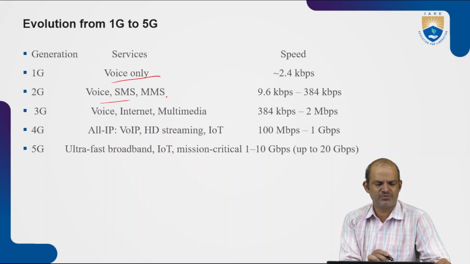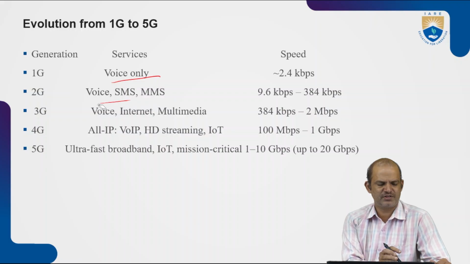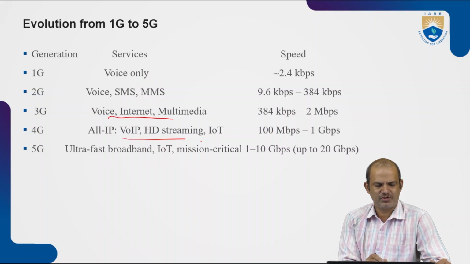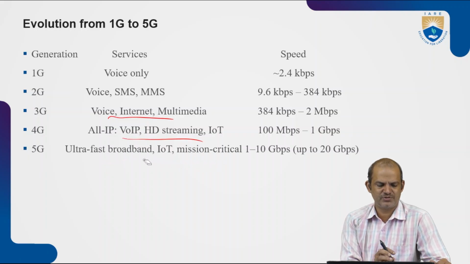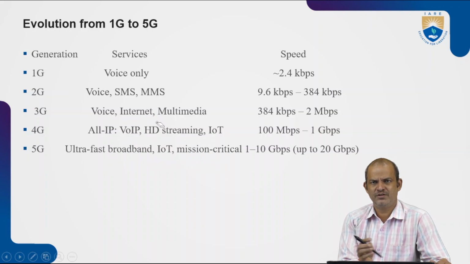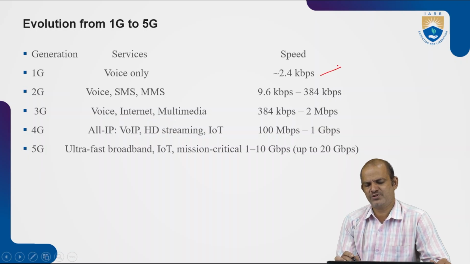In 2G there was voice, SMS, short message service, and some internet. Internet came with pictures in 3G, and 4G brought voice over IP and HD streaming. From generation to generation the speed is increasing, from 2.4 kbps to 2 megabits to 1 gigabit, and so on.